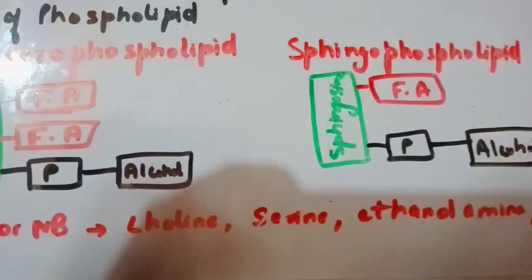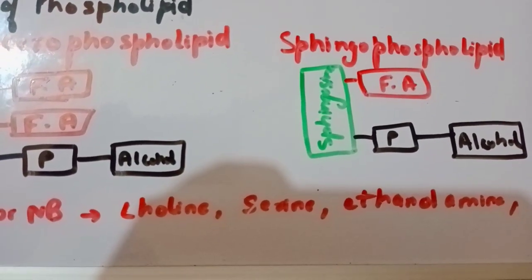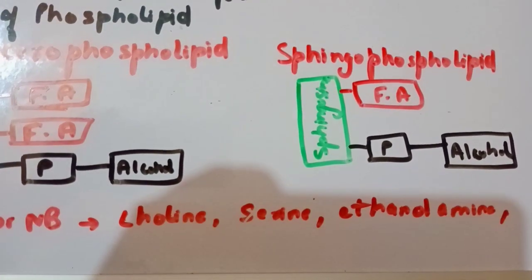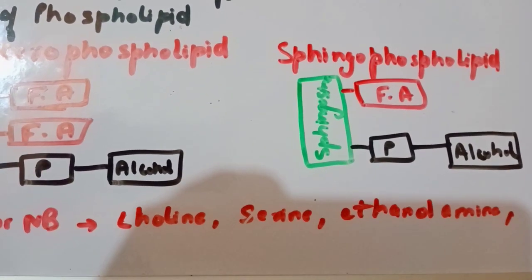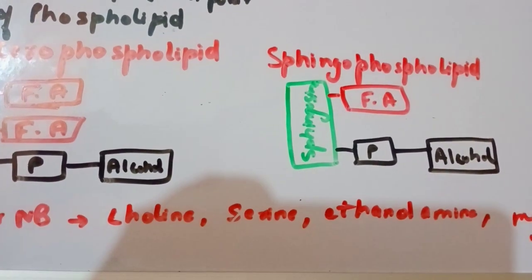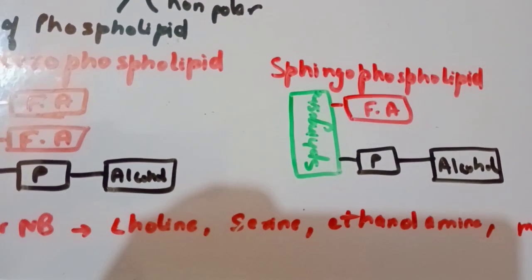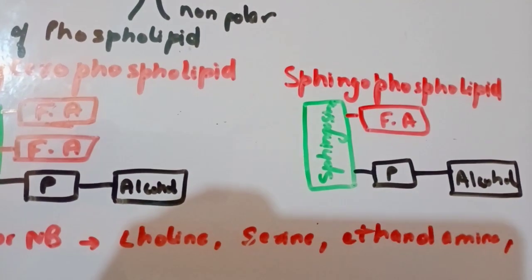If choline is present as the alcohol, the structure is called phosphatidyl choline. If serine is present as the alcohol, the structure is called phosphatidyl serine. If ethanolamine is present, the structure is called phosphatidyl ethanolamine. If myelin is present, the structure is sphingomyelin.